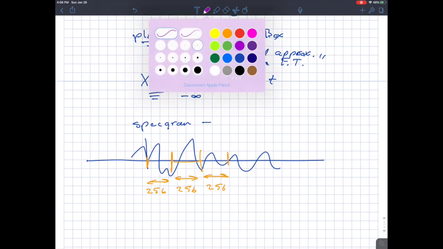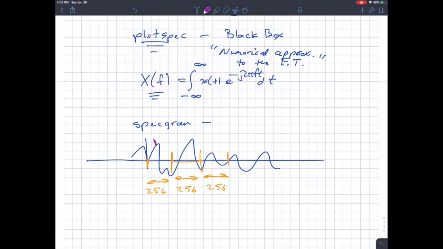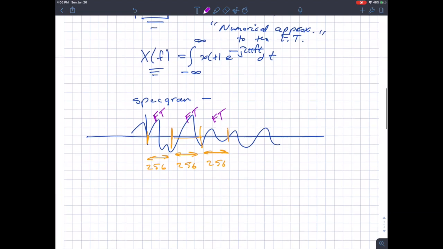We do the approximation of the Fourier transform for each piece. Okay? So the spectrogram is all these stacked together. So, you get the frequency content and the time domain representation of when the frequencies occur. All right, so that's the difference. I'm going to show you some Matlab code that hopefully will help it make sense to you.